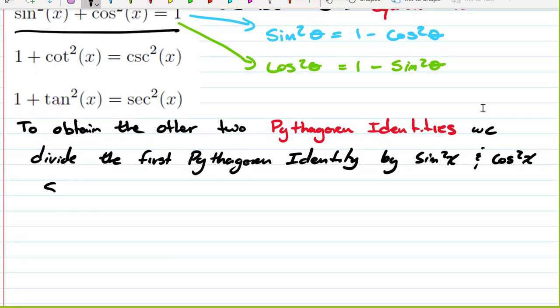So if I start with the first Pythagorean identity, sine squared x plus cosine squared x is equal to 1, if I divide everything by sine squared x, well, let's do cosine squared x.